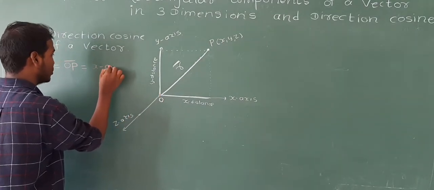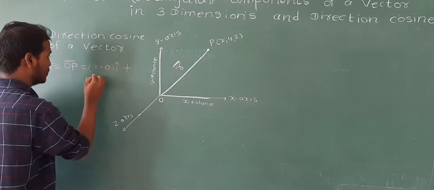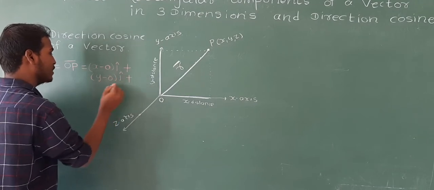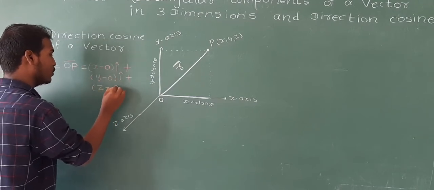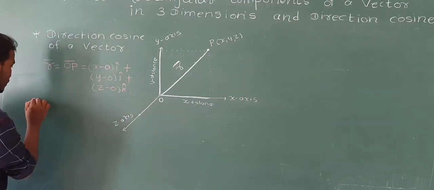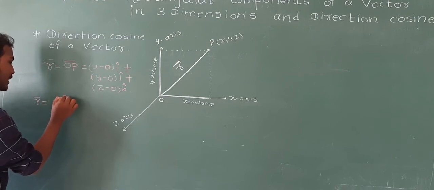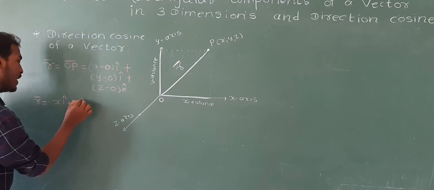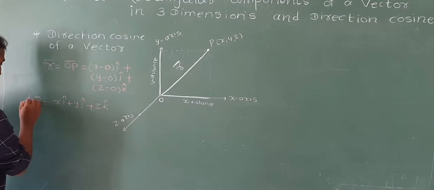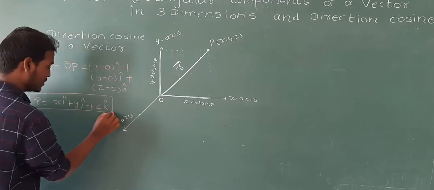Coordinates of the origin are 0, 0, 0. So r bar equals (x minus 0) i cap plus (y minus 0) j cap plus (z minus 0) k cap. Therefore the result is r bar equals x i cap plus y j cap plus z k cap. This is our position vector r bar, or OP bar also we can say.